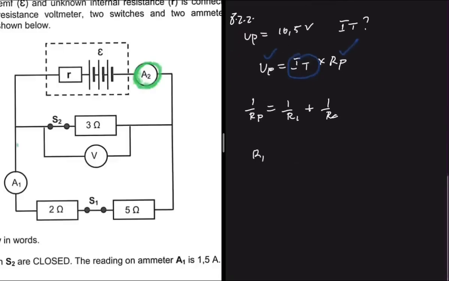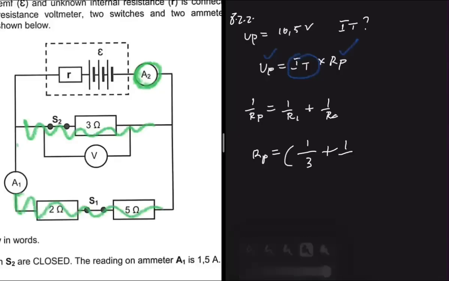So RP is equals to 1 divided by the total resistance on this path, which is 3 ohms, right? Plus 1 divided by the total resistance on this path, which is 2 plus 5. So we're supposed to have 2 plus 5 here to the power minus 1. And then if you put that in your calculator, you're going to get 2.1 ohms, right? So now we have RP.